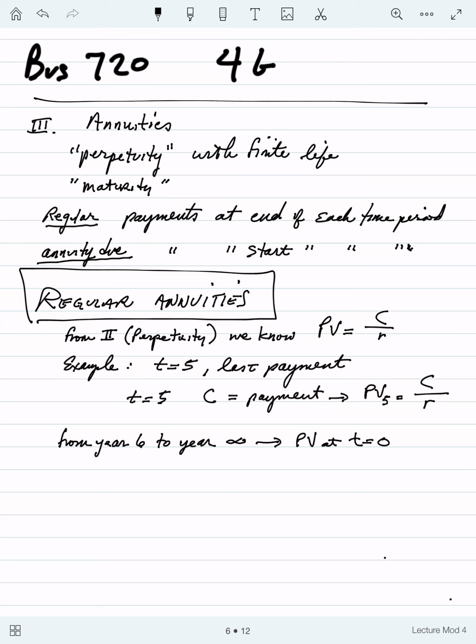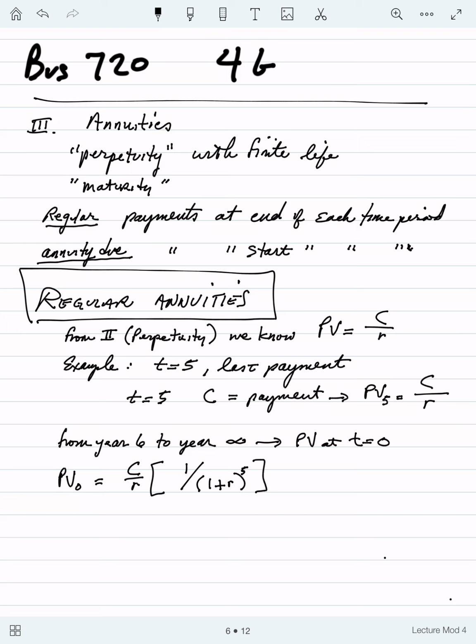One way to think of this is to take the discounting method, just use the present value formula for 5 years. Some people might think this: the present value in year 0 is equal to C over R, and let's discount that, which is 1 over 1 plus R, going out to the 5th year.